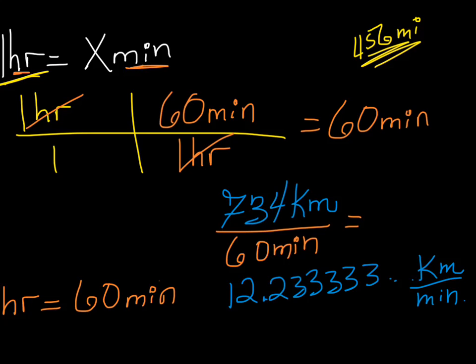The only measurement we actually have is the 456, which means we're going to only keep 3 sig figs. So it's going to be those 3 right there. So we're going to look at the 3's and drop them. So our final answer is 12.2 kilometers per minute.